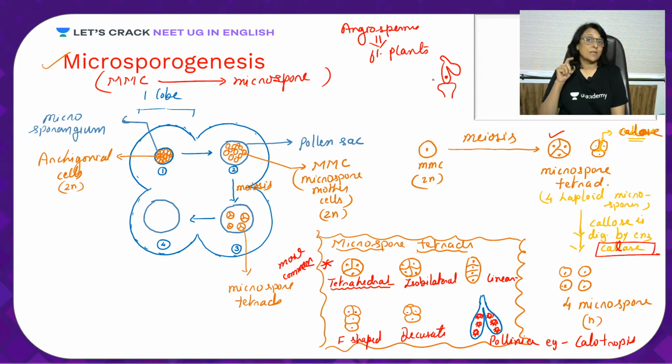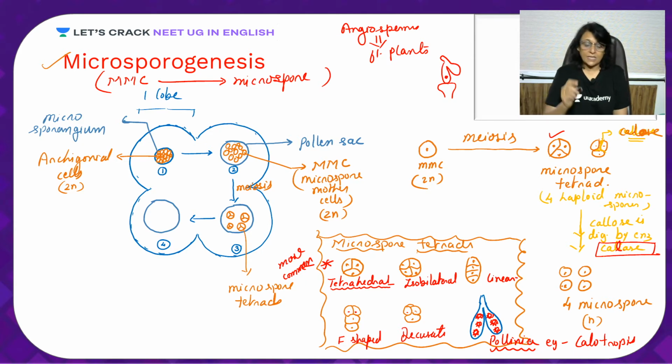So this comes under an adaptation. We'll talk about this again when we come to the pollination and adaptation part. So remember, pollinia are balloon-like structures which can be carried by wind, or they may stick to the body of insects also, and this is seen in the case of Calotropis.